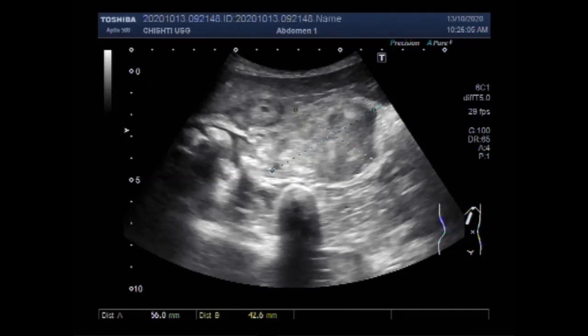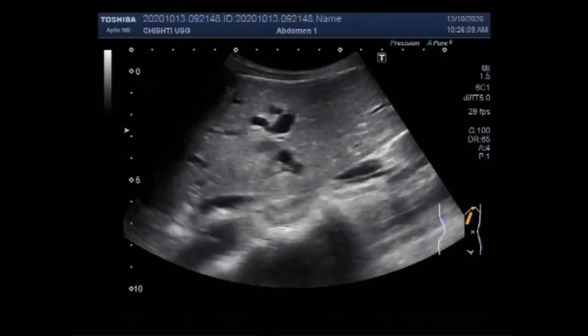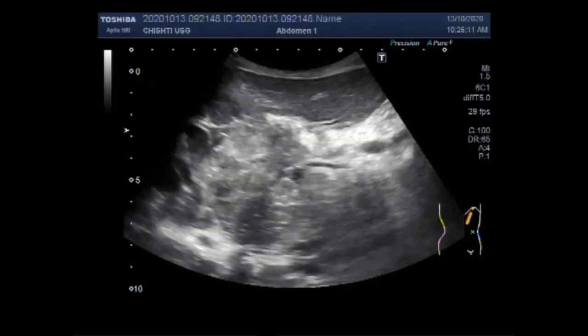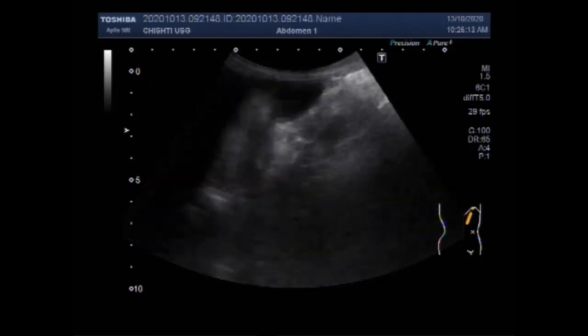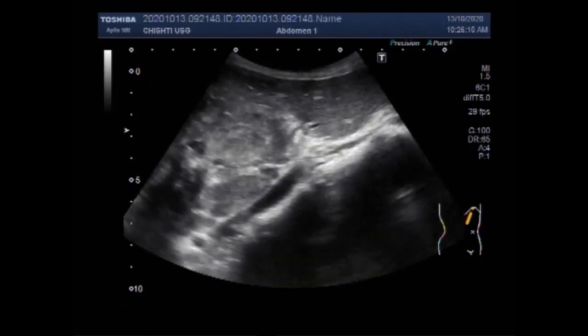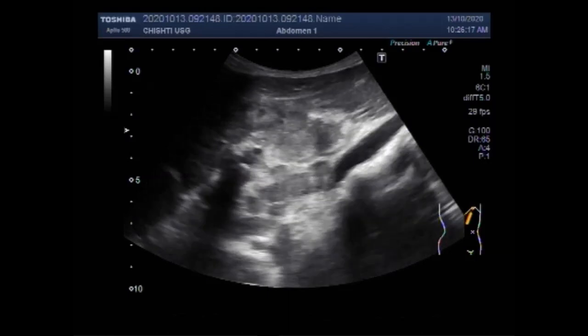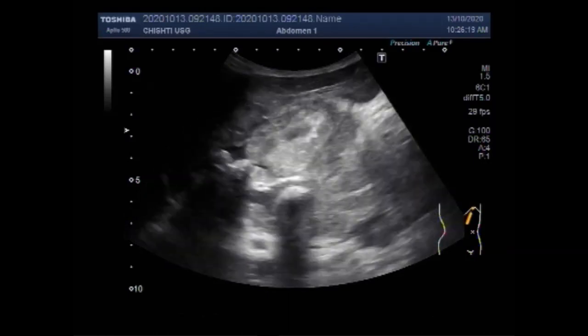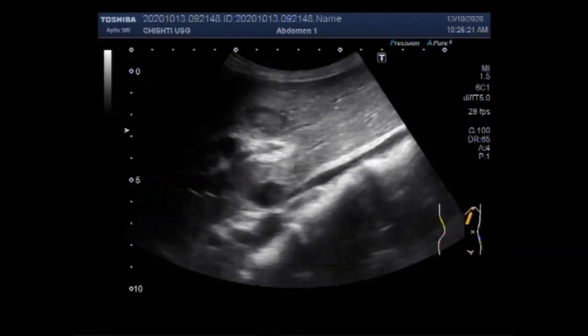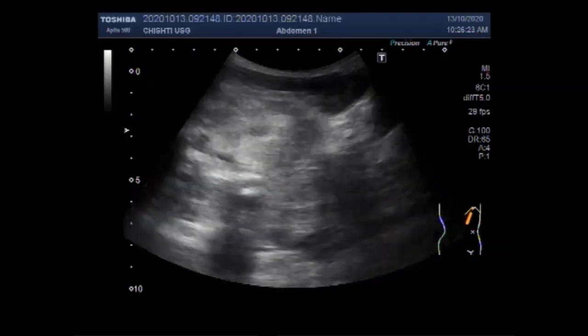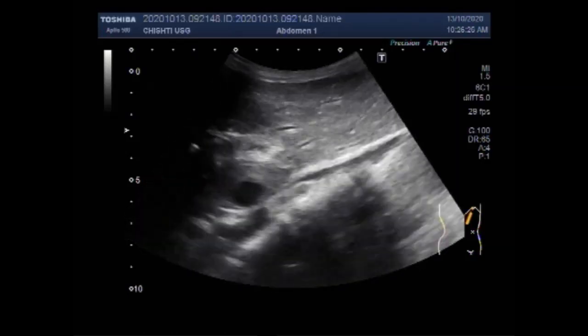Now you can see this mass measures about 5.6 centimeters by 4.3 centimeters, and adjacent in the superior area and adjacent to this large mass, multiple metastases are seen.